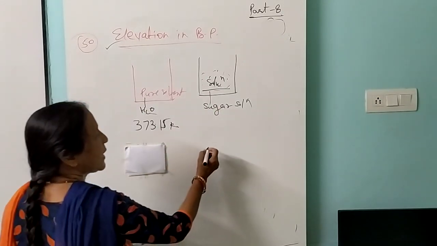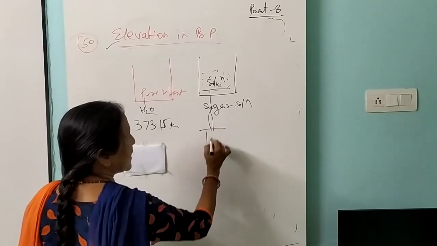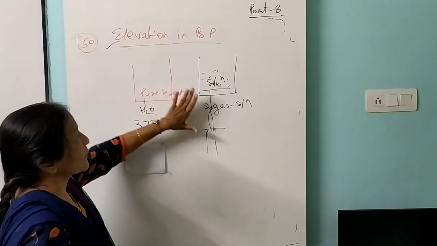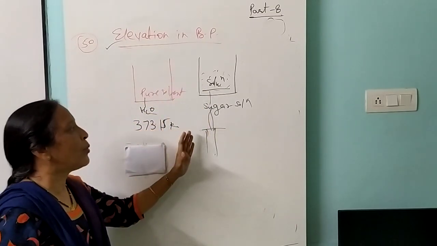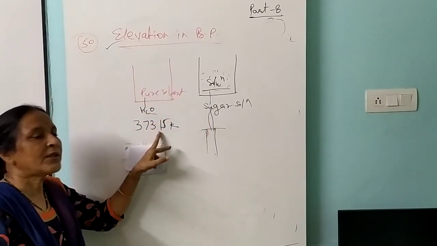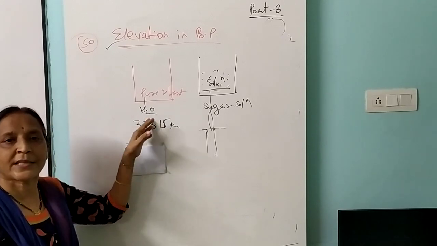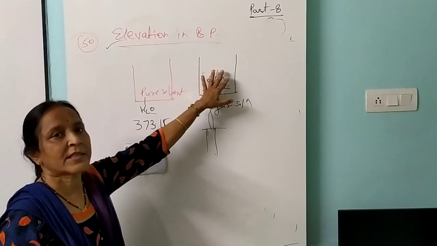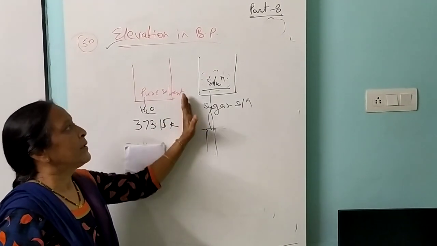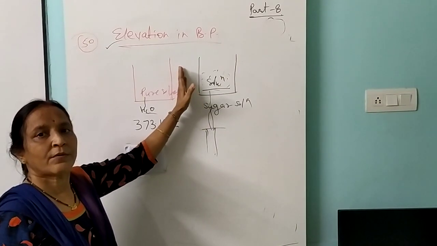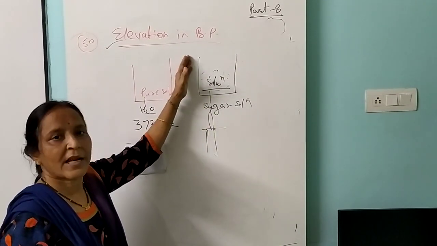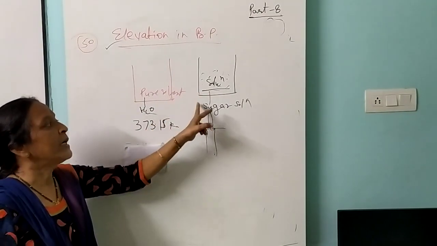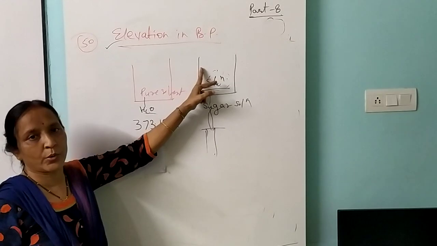If I wish the solution to start boiling, even when the temperature rises up to 373.15, the solution will not start boiling. Again a little bit more temperature is given, then the solution starts boiling. It means a greater quantity of heat is required to boil this solution.